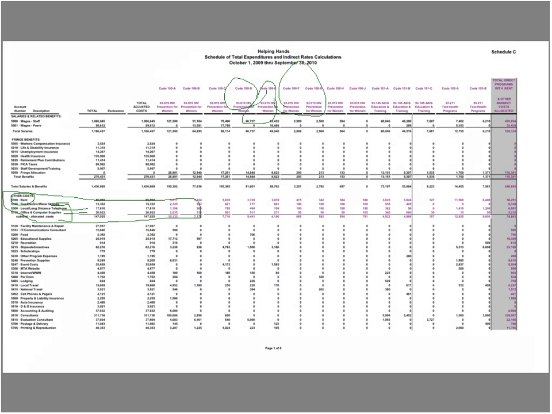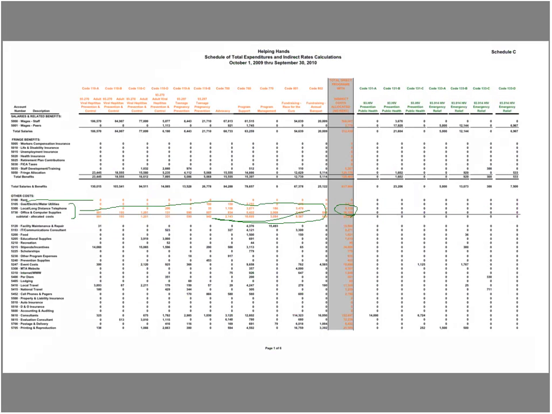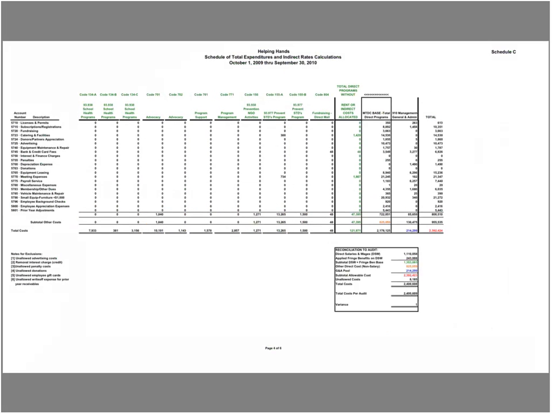So if we go through to the very last page, you'll see down here, depending upon how it's blown up, that the grand total here at the bottom is 2,400,609. The same with this, maybe off by $1.